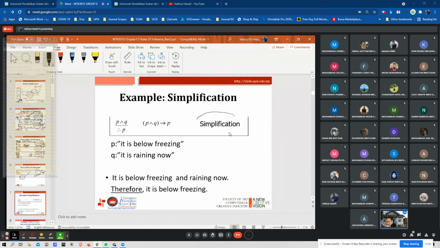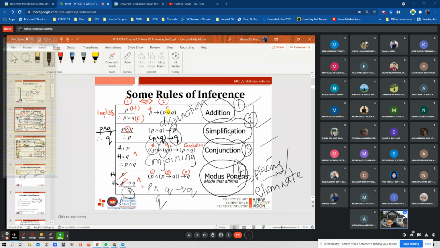Next is simplification. You simplify. For example, here we have P: it is below freezing. Q: it is raining now. Therefore, it is below freezing. We have discussed simplification.